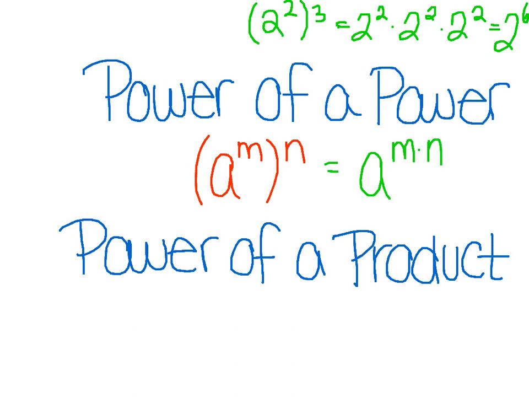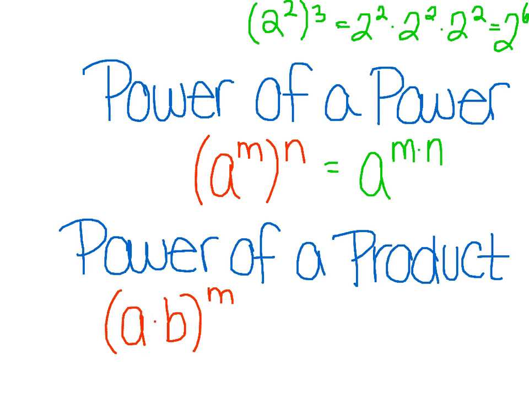The other rule that we have to learn is power of a product. That's saying if I have a times b, so some monomial, maybe two variables, or a number and a variable, and we're taking that to another power. So I've got my power of a product. Here's my product, I'm taking it to a power.